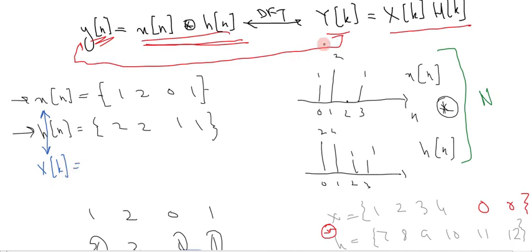In the previous lecture I represented this x of n by g of n, and its discrete Fourier transform was equal to 4, 1 minus j, minus 2, 1 plus j.